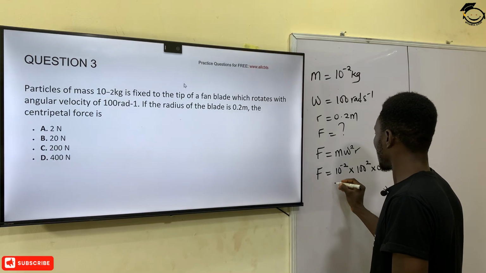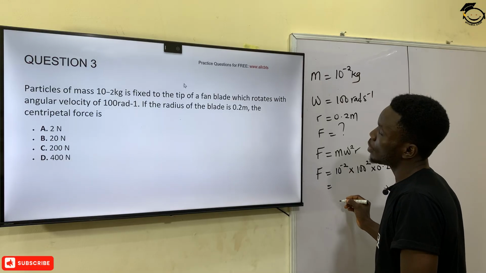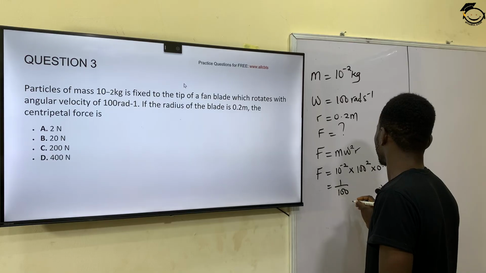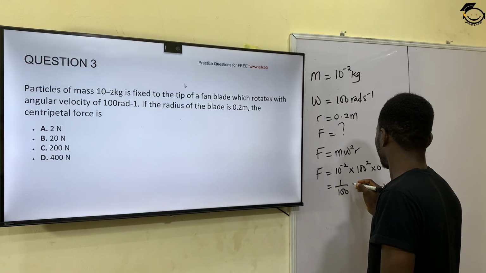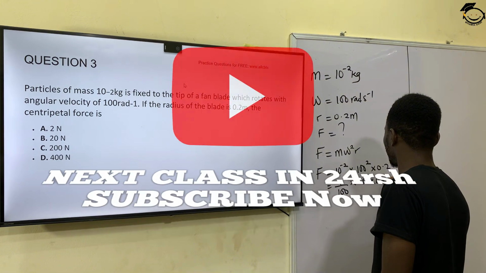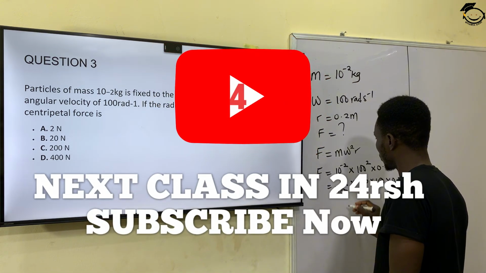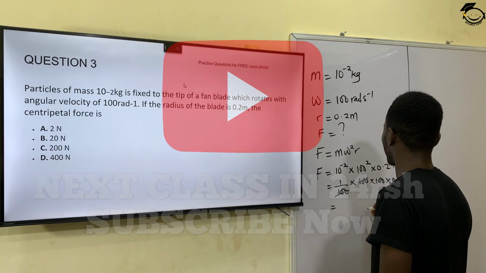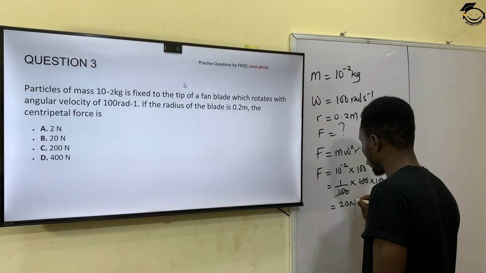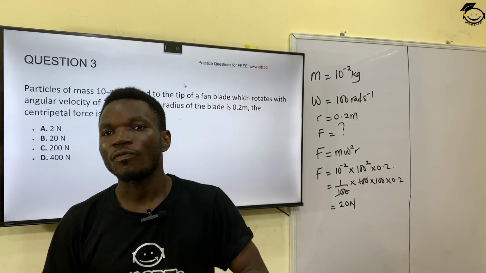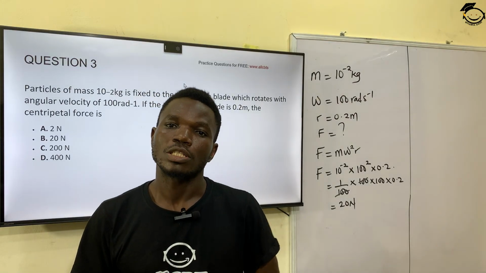This is the same as saying I have 1 over 100 times 100 times 100 times 0.2. So 100 will cancel out 100, and 100 times 0.2 will give me 20 Newton. So the centripetal force in this question is 20 Newton.